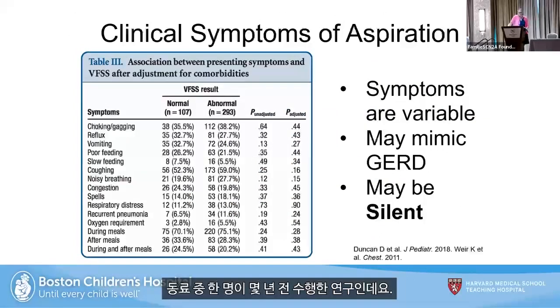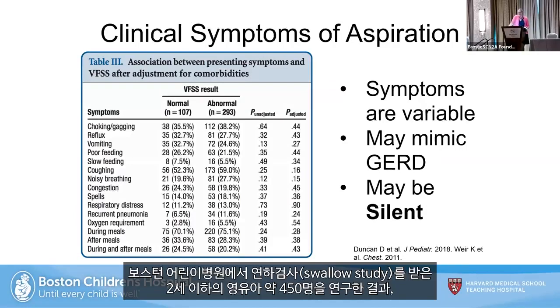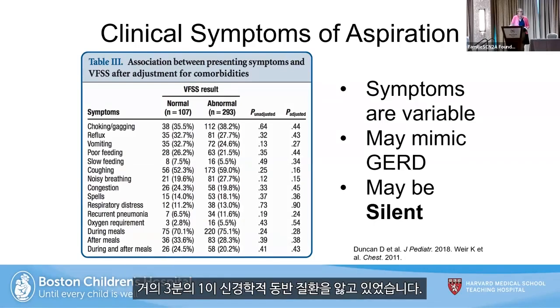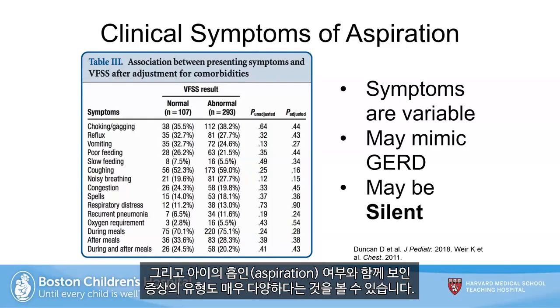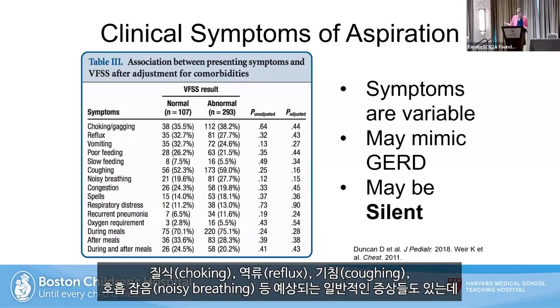One of my colleagues in my center actually did this pretty cool study from a couple of years ago that looked at almost, I think it was 450 children under the age of 2 that had swallow studies at Boston Children's, of which almost a third had a neurologic comorbidity. And you can see that the types of symptoms, whether a child aspirated or didn't aspirate, were very variable. So there was the classic: choking, reflux, coughing, noisy breathing.